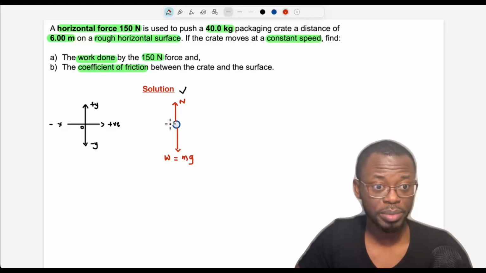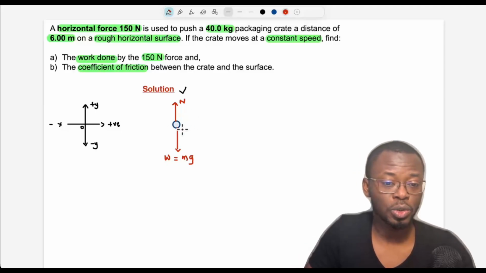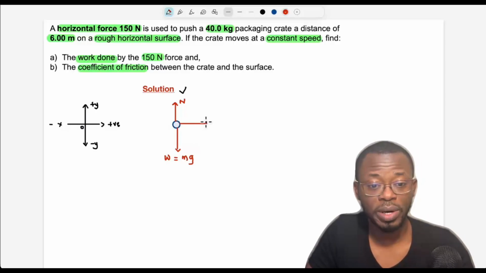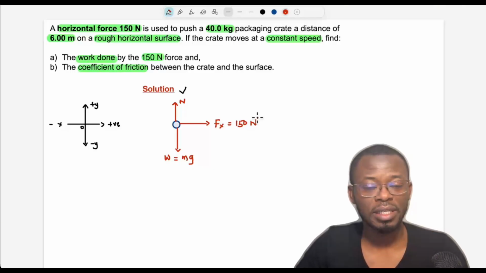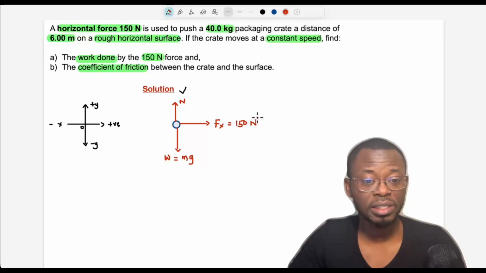Now to the problem. We have a horizontal force of 150 newtons which is pushing this 40.0 kilogram packaging crate. Since it is horizontal, I'll take it pushing the crate to the right so that we have Fx to the right, and that is equal to 150 newtons. Also, we need to note from the problem that the surface is rough, indicating there is friction between the two surfaces in contact.